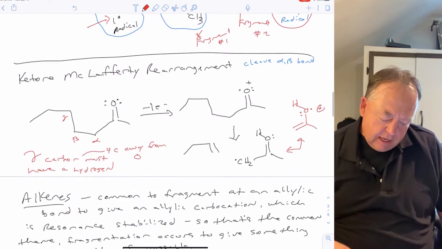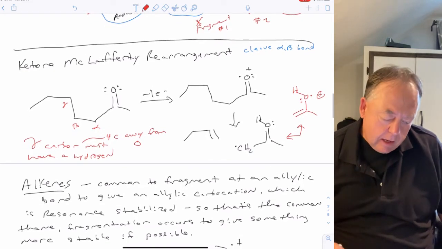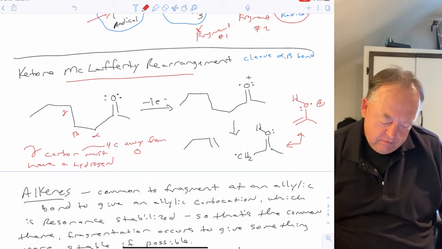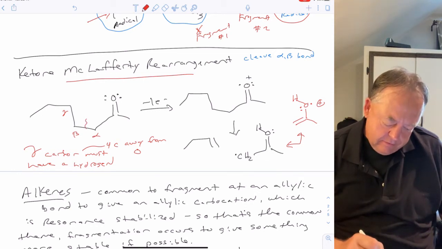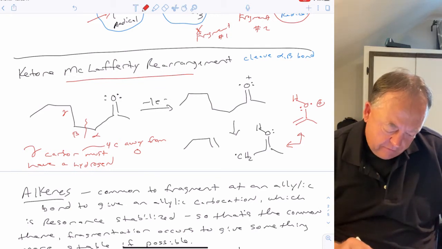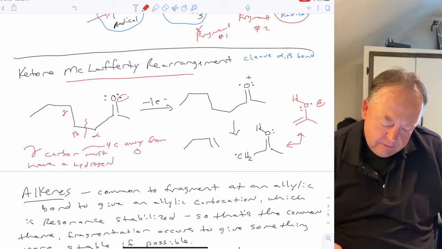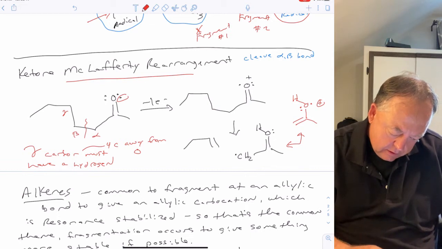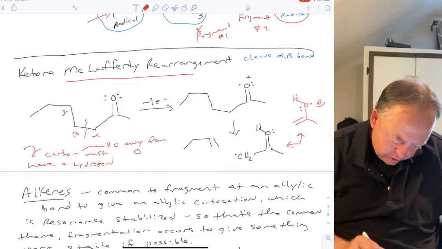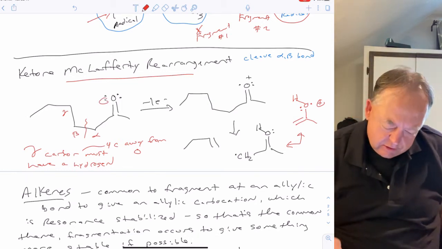So ketones, aldehydes, anything with a carbon-oxygen double bond basically can undergo what's called a McLafferty rearrangement, where you cleave the alpha-beta bond. In this type of fragmentation, we lose an electron from the oxygen. Based on the drawing that I did, I have it shown using that electron, but of course, it doesn't matter which one.